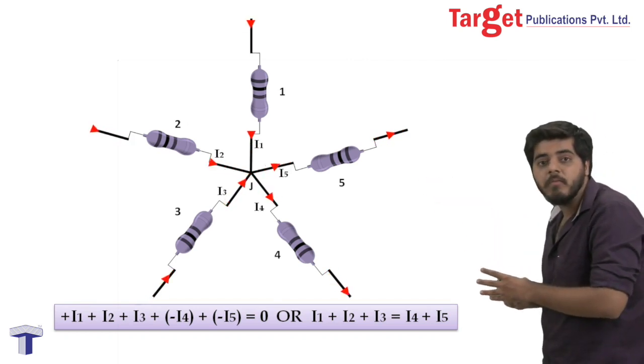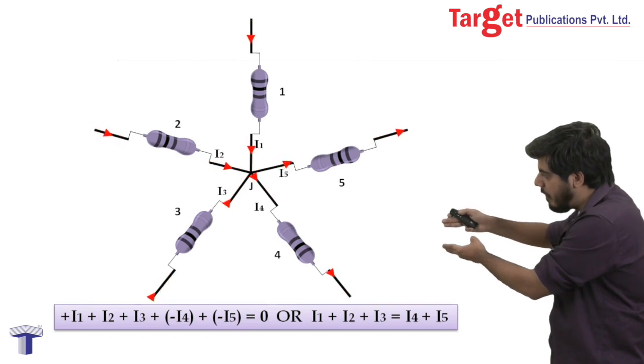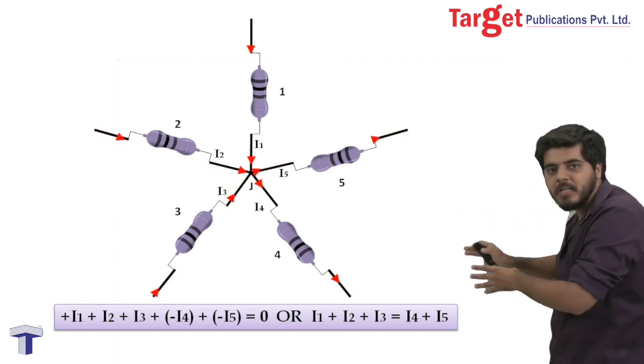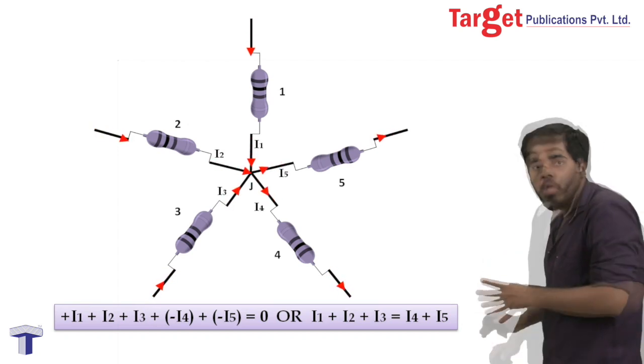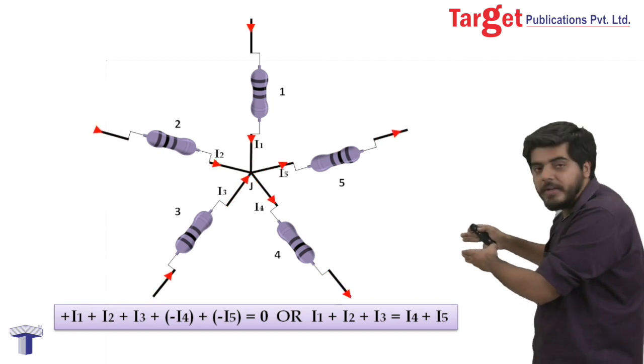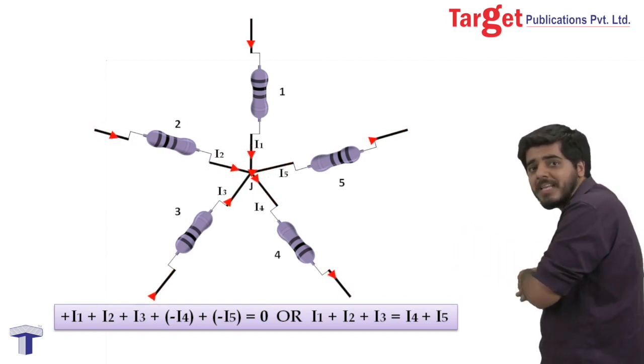Remember here we have taken our junction as J. We got our equation as plus I1 plus I2 plus I3 minus I4 minus I5 is equal to 0. If we rearrange this, we can also write it as I1 plus I2 plus I3 is equal to I4 plus I5.